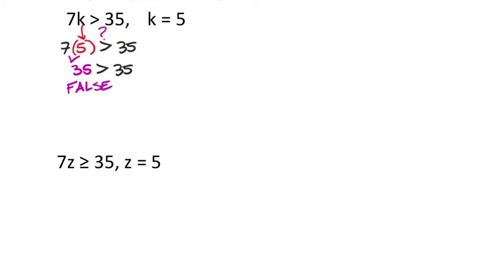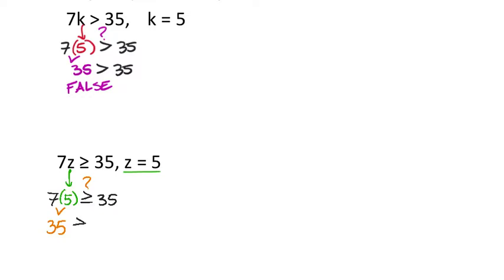But now if I go into this equation right here and replace the z with the z value it gave us, which is 5, then it would show 7 times 5 is greater than or equal to 35. Here again is a question mark, and 7 times 5 is actually 35.